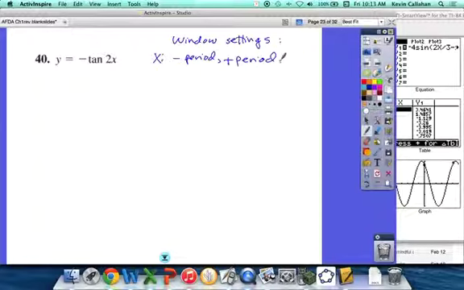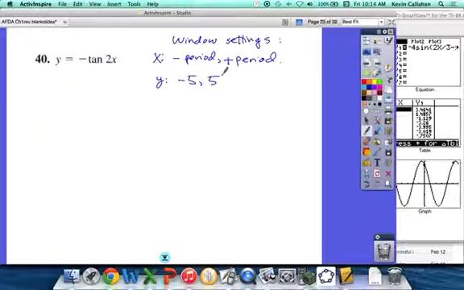Same thing, right? Minus a period to plus a period. And in the y, because these things go on forever, I'm just going to make it a fixed negative 5 to 5. So it'll always be the same thing. There's nothing to calculate. There is no min, there's no max.